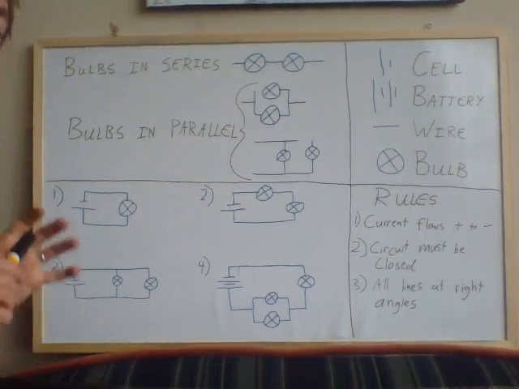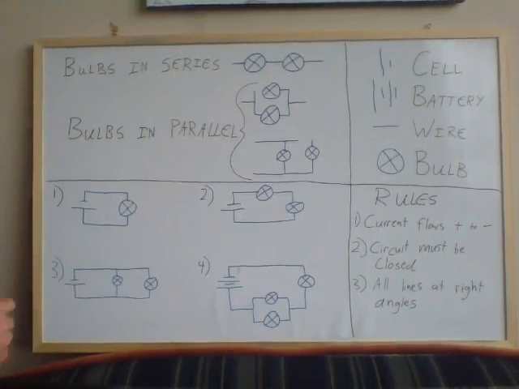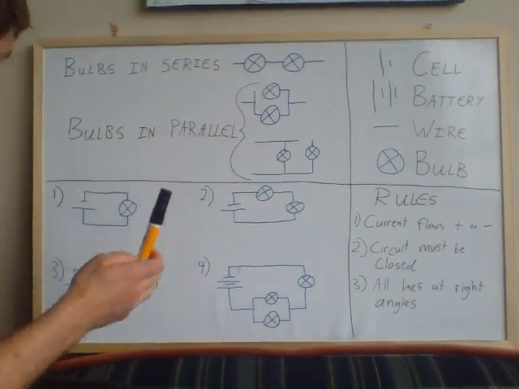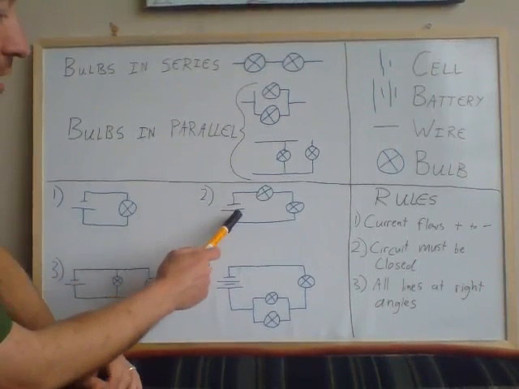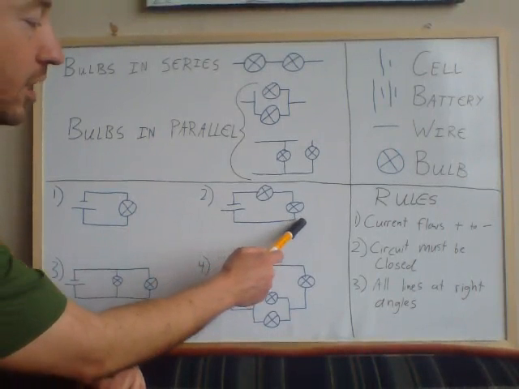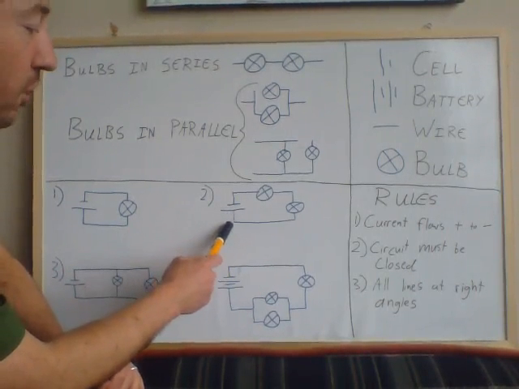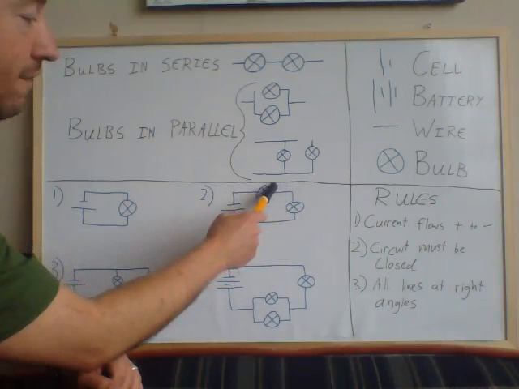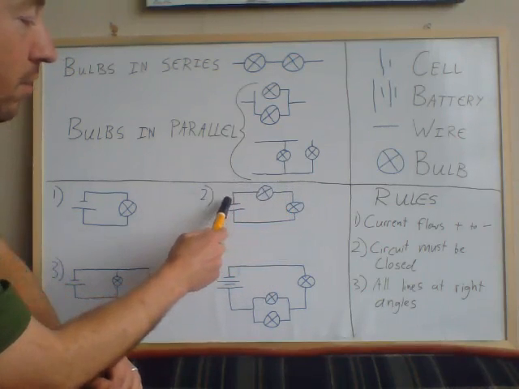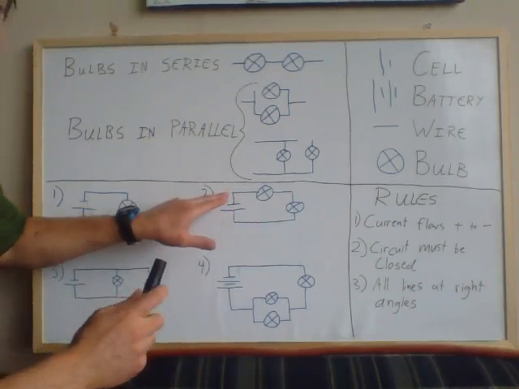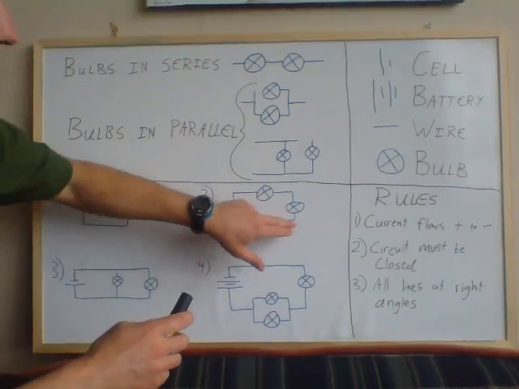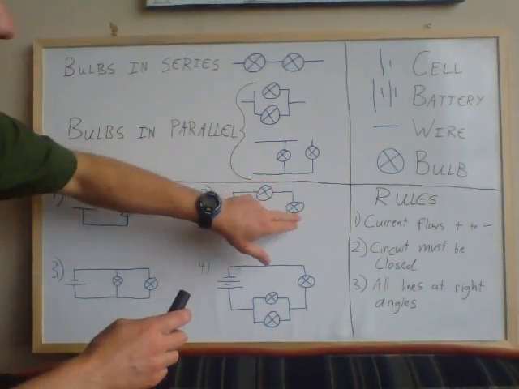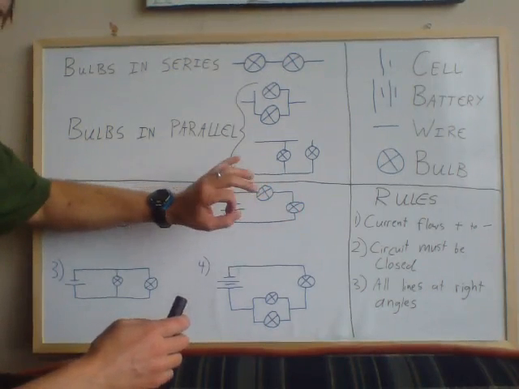So let's take a look at a couple other circuit diagrams. Look at number 2 here. And we've got 2 bulbs in here. Electricity current flows to the first bulb, and then it flows directly to the second bulb, and then back to the battery. So this one is in series, because both of these are on the same wire.